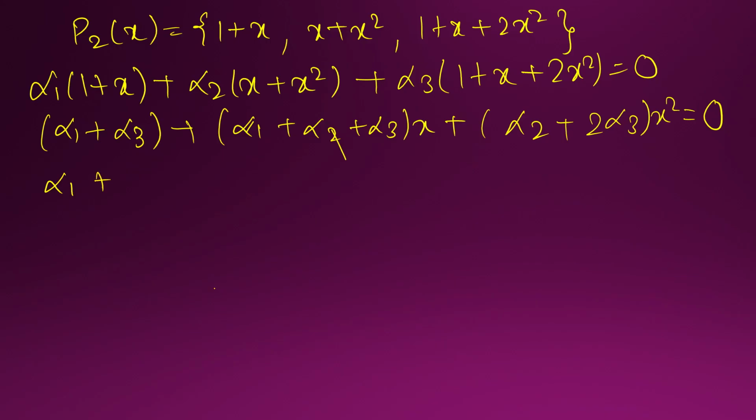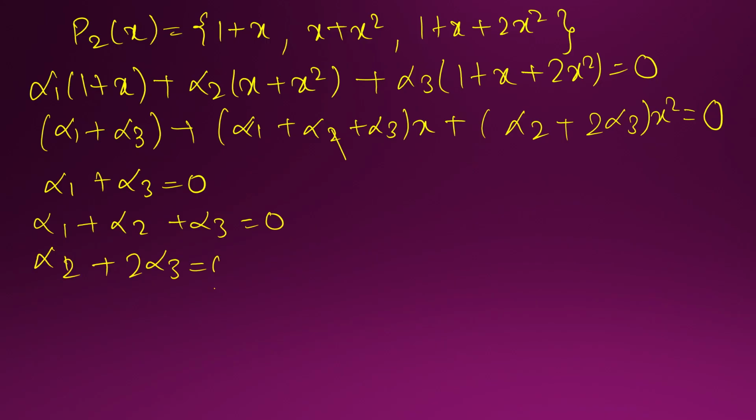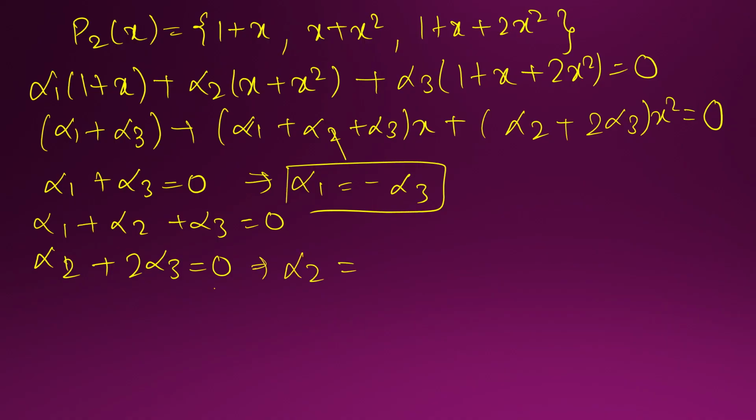Now comparing coefficients, alpha 1 plus alpha 3 is equal to 0, alpha 1 plus alpha 2 plus alpha 3 is equal to 0, and alpha 2 plus 2 alpha 3 is equal to 0. Now this can be written as alpha 1 is equal to minus alpha 3. And here we can write alpha 2 is equal to minus 2 alpha 3.